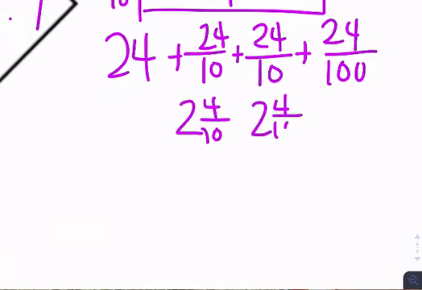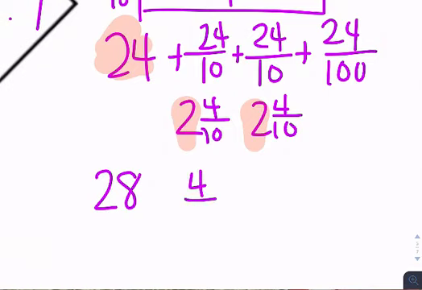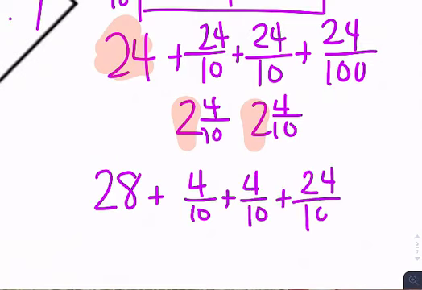So I have 2 of those. So I have 24 plus 2 plus 2, which is 28. And then I have 4/10 plus 4/10 plus 24 over 100.